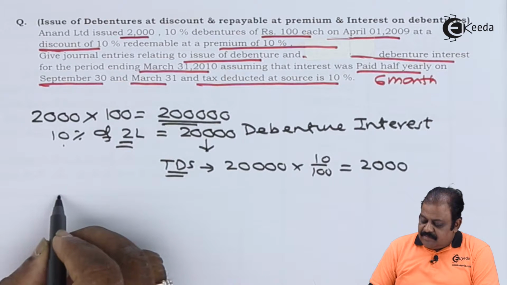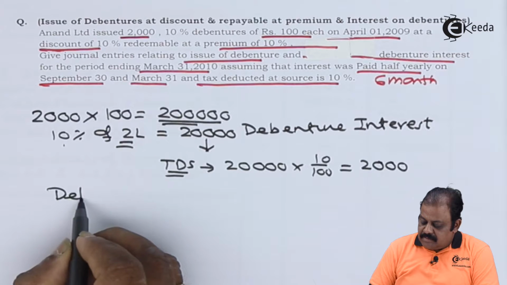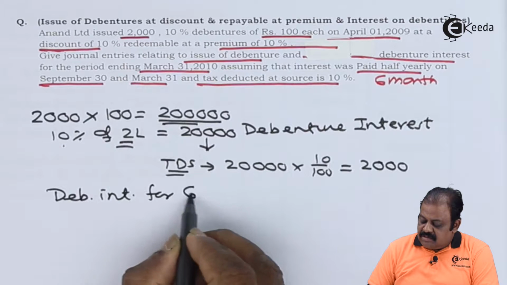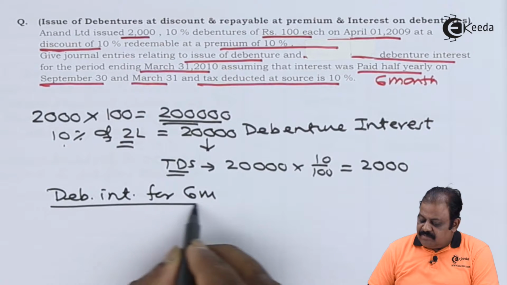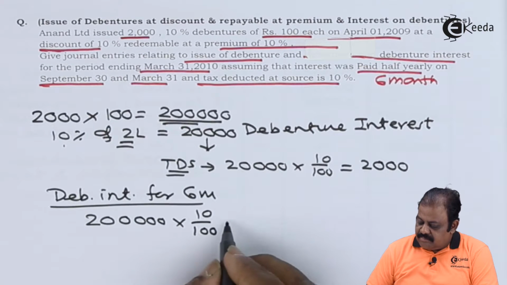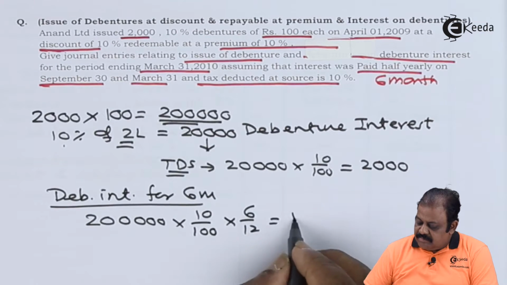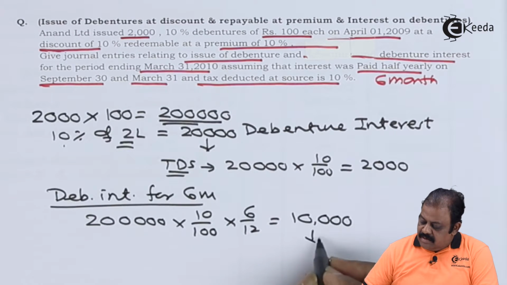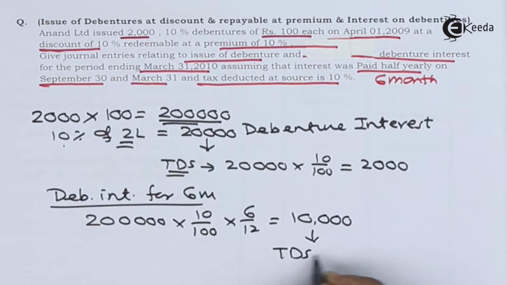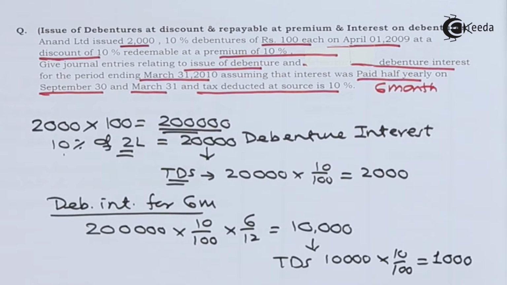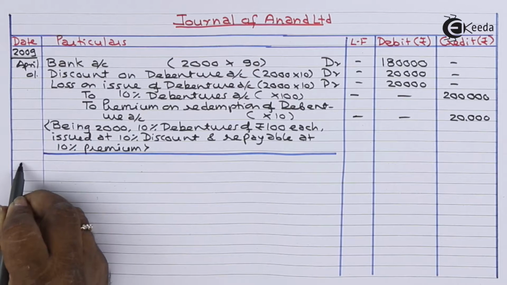That means debenture interest for 6 months, it is rupees 10,000, and TDS 10% of 10,000, it is rupees 1,000.